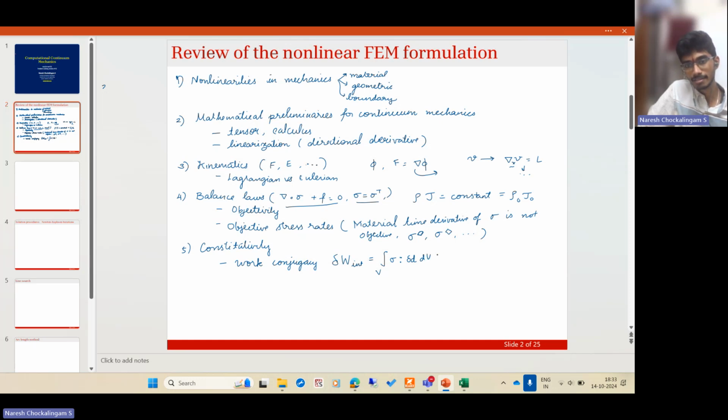This is also equal to, integrated over the original volume, the first Piola-Kirchhoff stress tensor contracted with the rate of the virtual deformation gradient tensor. And this is also equal to, integrated over the reference volume, the second Piola-Kirchhoff stress tensor contracted with the virtual Green-Lagrange strain rate tensor.